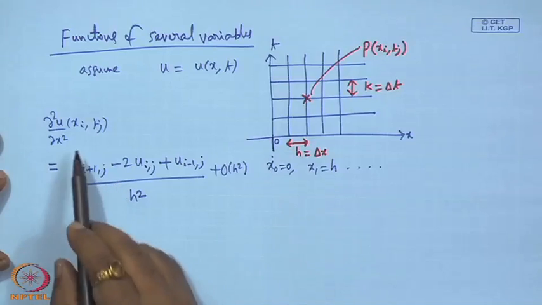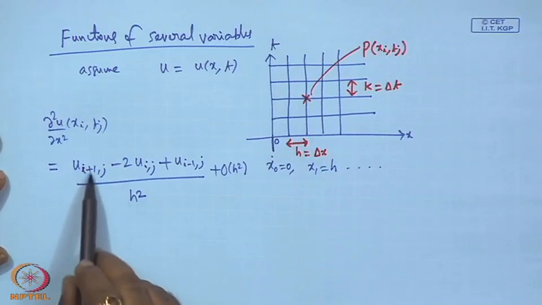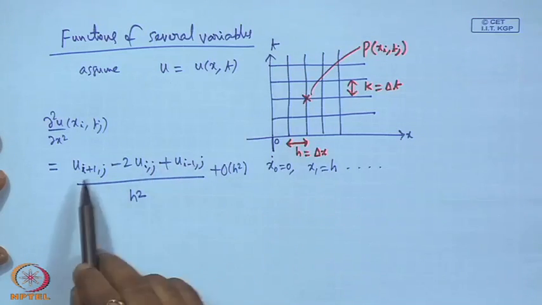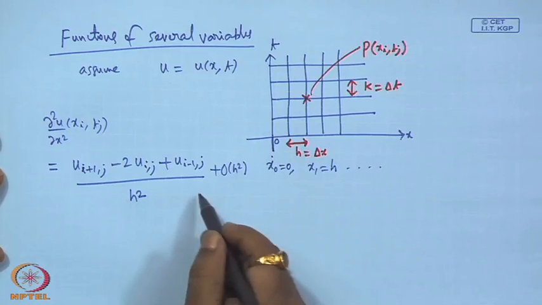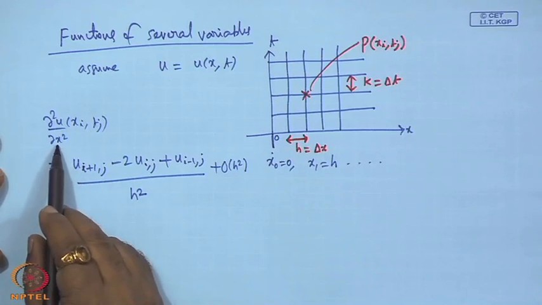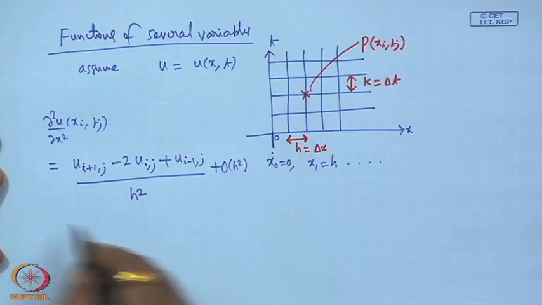How do we get it? Consider the expansion of u of x plus h, then consider u of x minus h, then add them, and we get this. Remember, this is the derivative with respect to x.